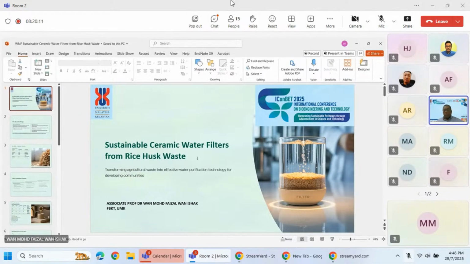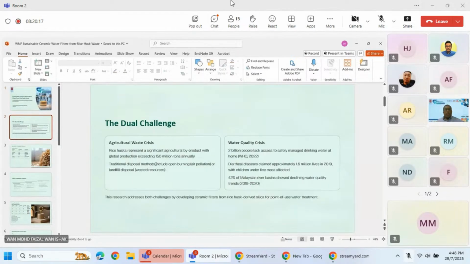We always have a problem with agricultural waste, a significant byproduct with global production exceeding 150 million tons annually.